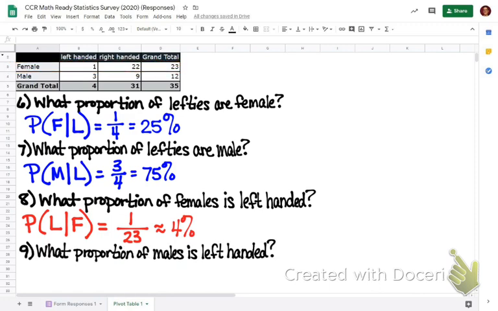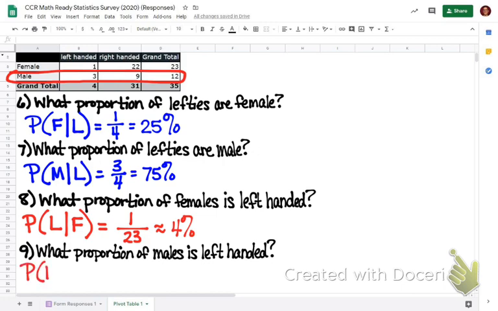All right, one more question here. What proportion of males is left-handed? So if I want to answer this question, start off by telling me which row are we restricting our view to? Who are we looking at here? That's right, this time we are only looking at the males.